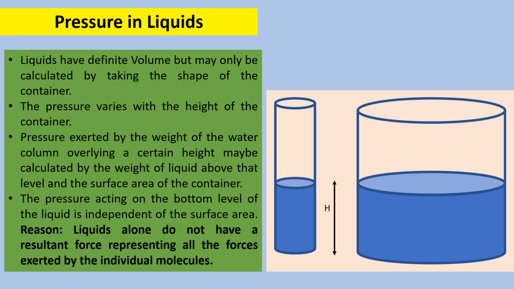So if we expect the pressure in this container at a height H to be a certain amount, then we expect even the larger beaker, or the beaker with a larger surface area, to have the same pressure, because we are saying in the fourth point that the pressure acting on the bottom level of the liquid does not depend on the surface area.